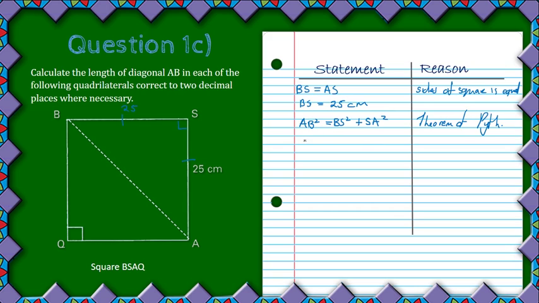And then we substitute in our known values: 25 squared plus 25 squared. So AB is equal to the square root of 25 squared plus 25 squared.